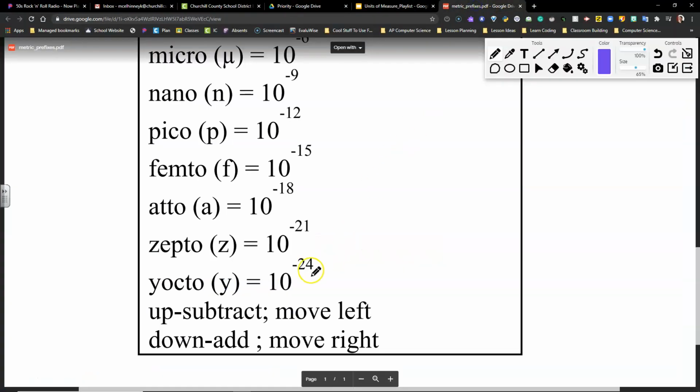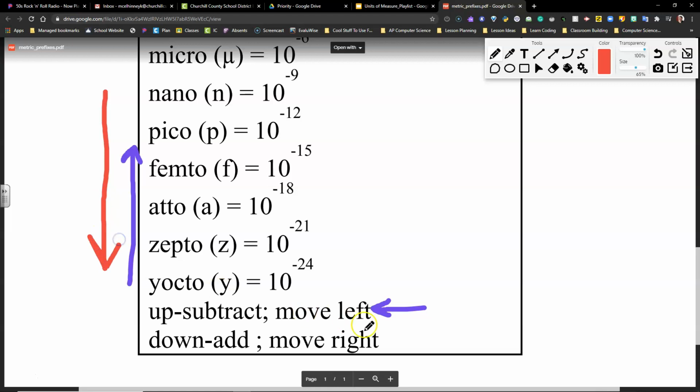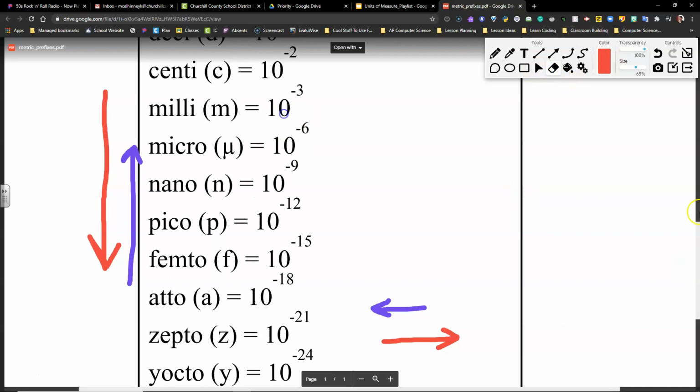Again, just to review, if you're moving up the chart, so I'm going this way, in prefixes, I'm moving the decimal place to the left. If I am moving down the chart, so I'm going this way, then I'm moving the decimal place to the right. And these numbers here give you how many places you need to move. Now, we can't simply count the spaces.